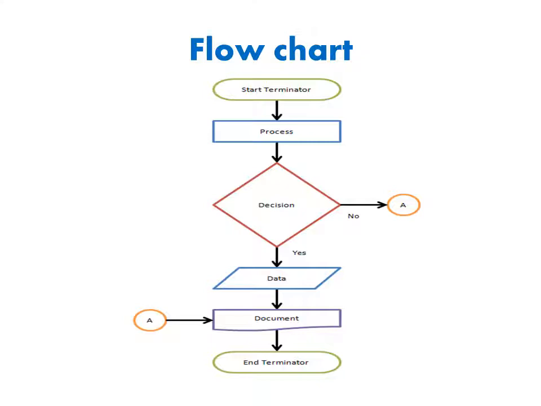This circle means connection. If you observe this circle on the right side or the left side, this is a connection. That means there's a connection for this flowchart, maybe I drew it on a different page or different paper. The rectangle is process, and there are also data and document. You just follow the same. Anyway, do not focus on the detail now. Just keep it simple with the high-level flowchart.